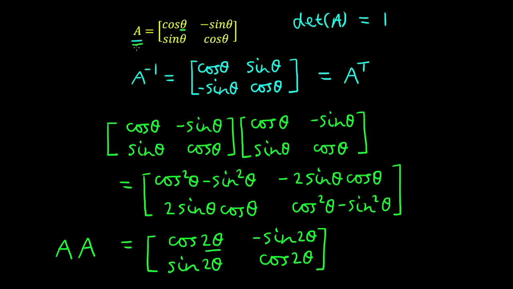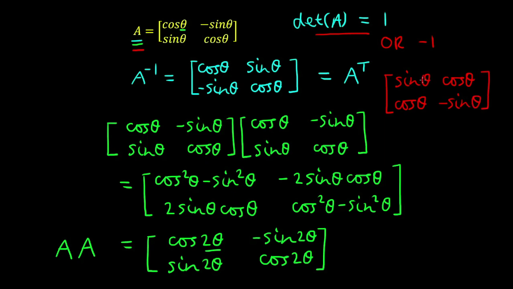And furthermore, for an orthogonal matrix A, the determinant is either 1 or minus 1. So for example, if we swap the rows of A, we have sine theta and cosine theta in the first row, and cosine theta, minus sine theta in the second row.